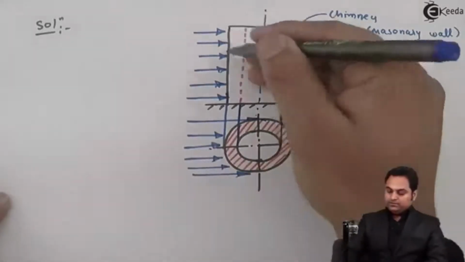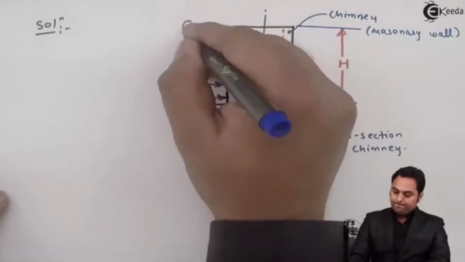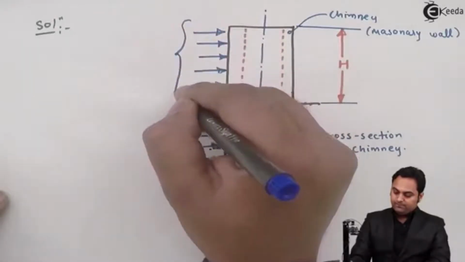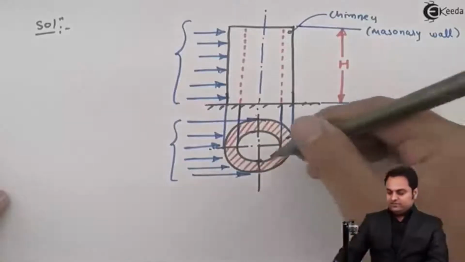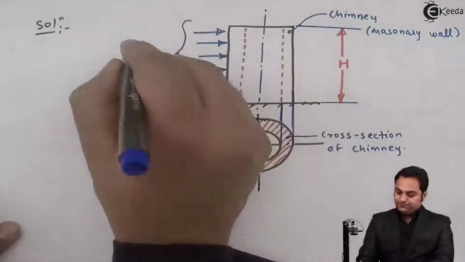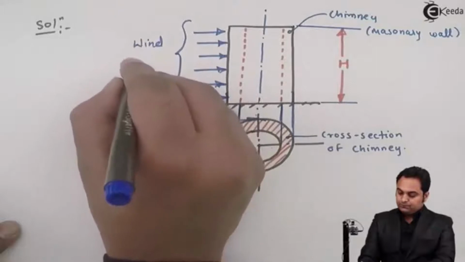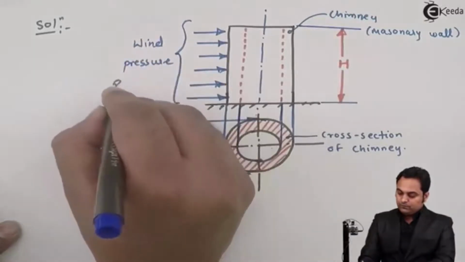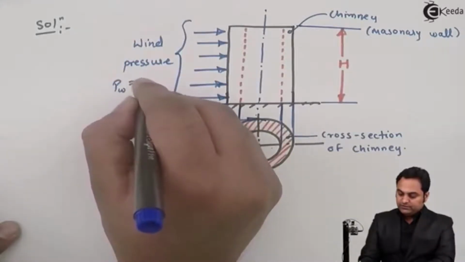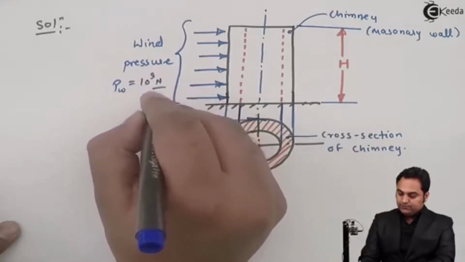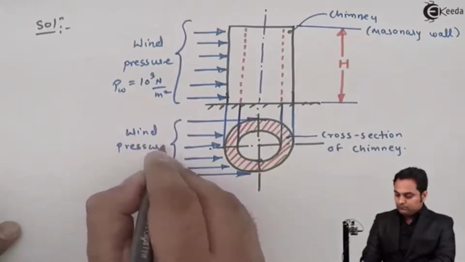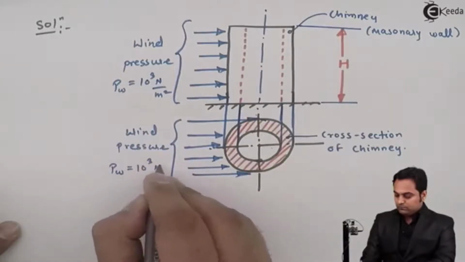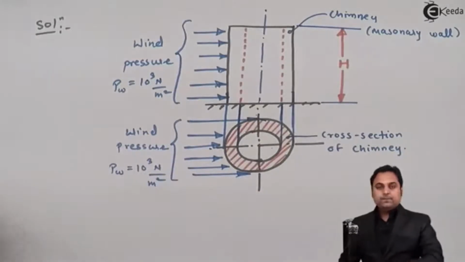So here this is the front view of the chimney where we have the wind pressure, and this is the top view in which we will see it as a hollow cross section. P suffix W, it is 10 raised to 3 Newton per meter square. So here is the wind pressure.